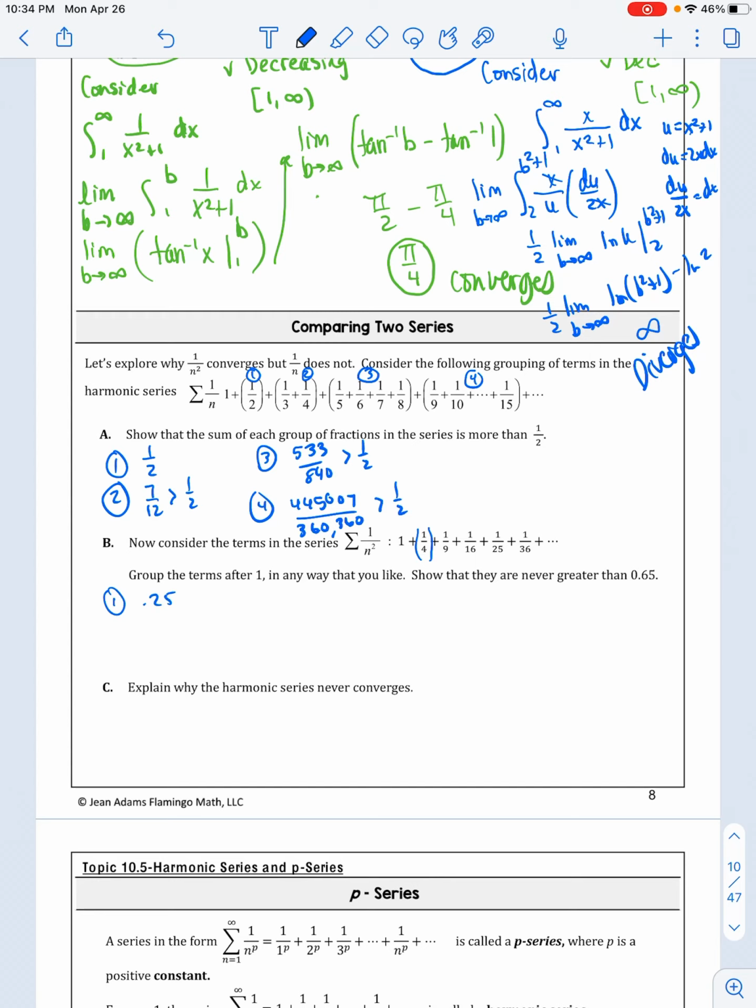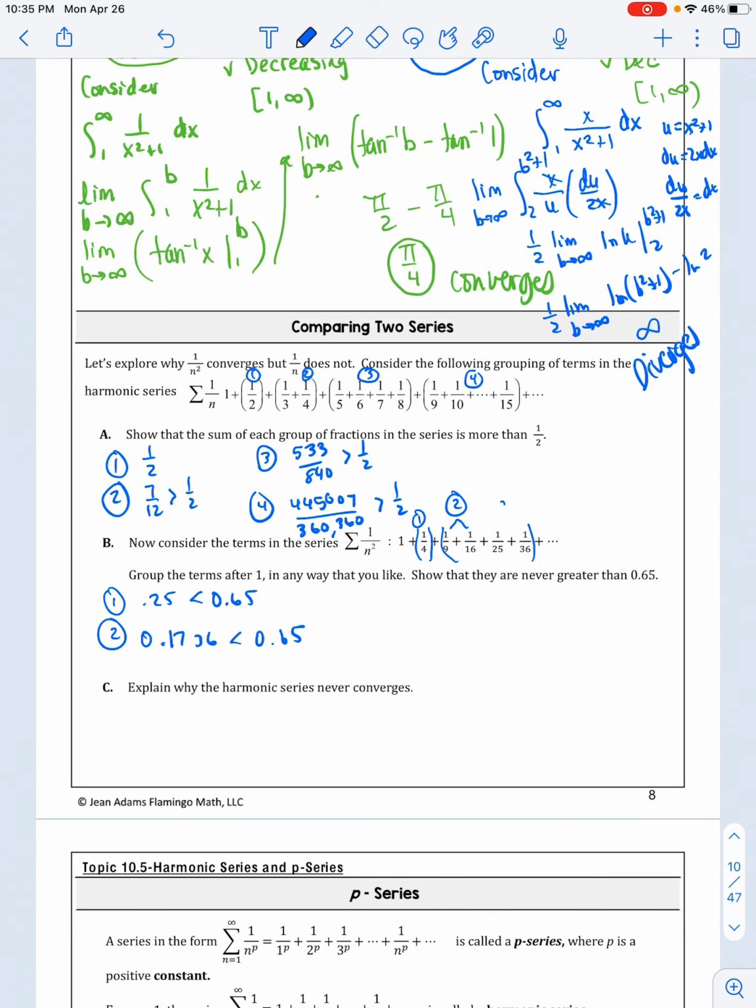So the first one, I did it like the one above. I put a parentheses around the first one, and for my first one, it's just 0.25, which is less than 0.65. And then for my second grouping, I think my second one was 1/9 plus 1/16. I put it in my calculator, and I got 0.1736, which was less than 0.65.